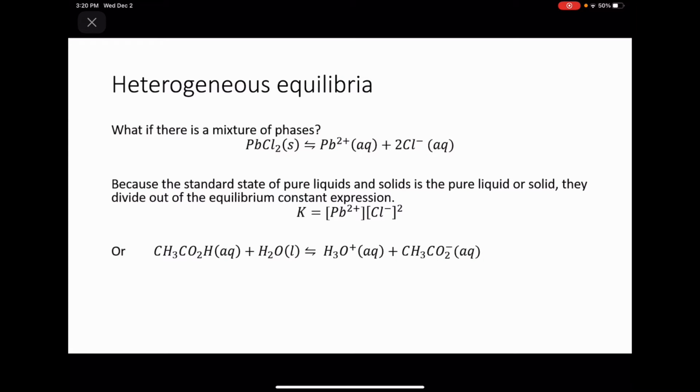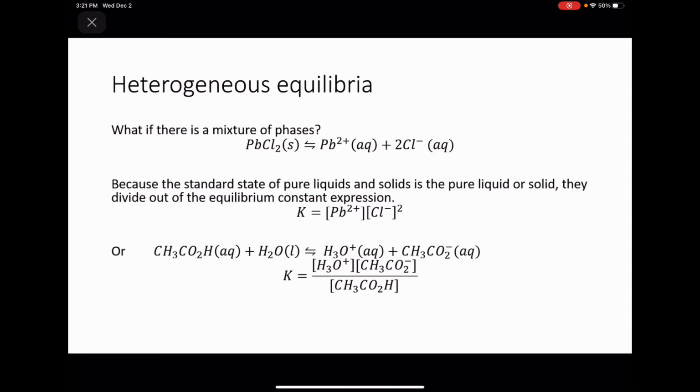Same thing if we had a pure liquid. So here's an example where we have acetic acid dissolved in water. It reacts with water to form H3O+ and acetate ion, CH3CO2-. This is something we're going to do quite a bit in the near future. But notice we have 3 aqueous components. Those are going to be molarities, and those are going to factor into the equilibrium constant, but the water is not.